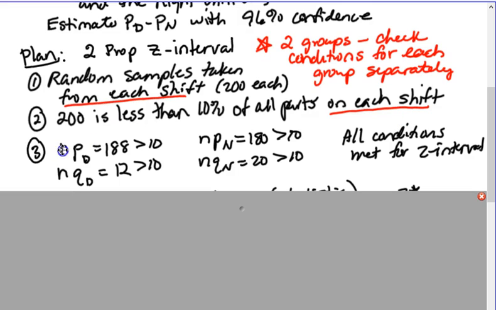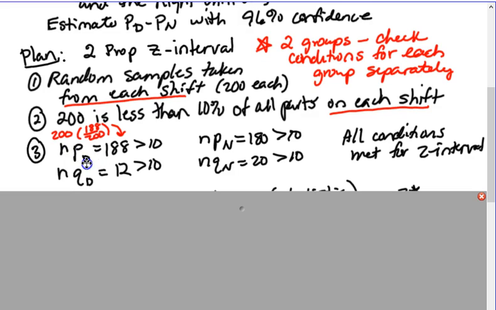Now I check the np and nq for each of those. Well, remember that n is 200. The proportion is 188 over 200. So if you multiply those together, you just get 188. So it's okay to just say the number of successes is 188. n times p, the proportion that's made on the day shift.